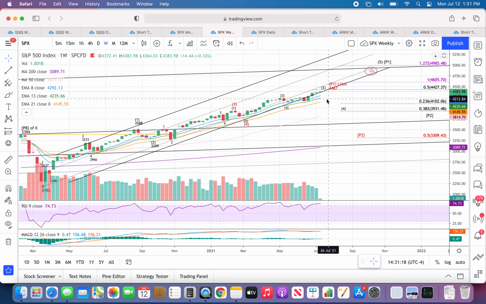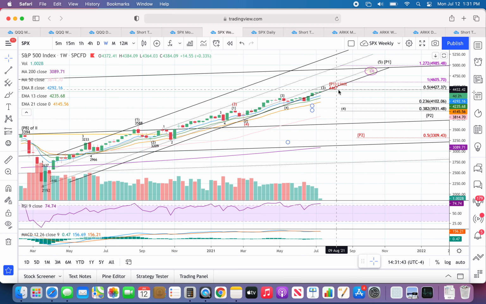And if that occurs over the next few weeks, by the way that I have it counted, there is a limit, because wave 3 here in red cannot be the shortest wave. Wave 1 is longer. Wave 3 cannot be shorter than wave 5. That means 44.67 is the limit under this red count.